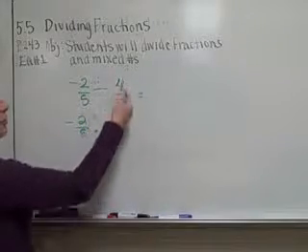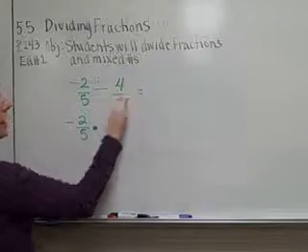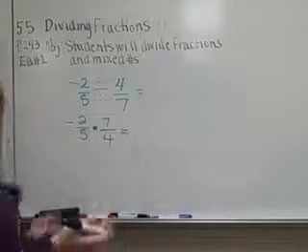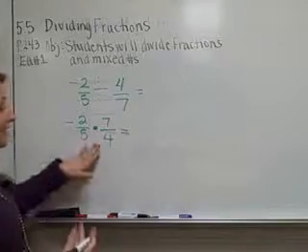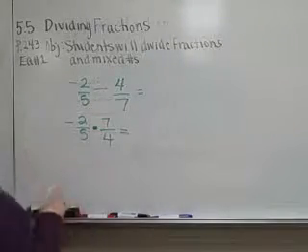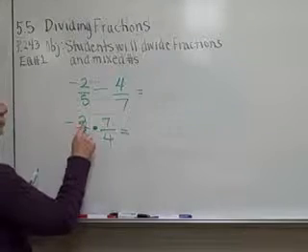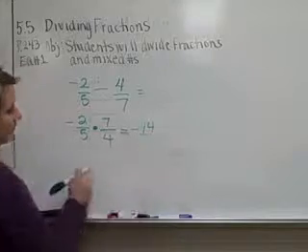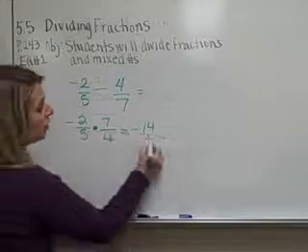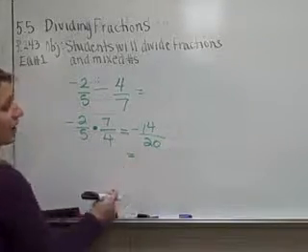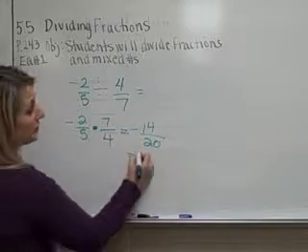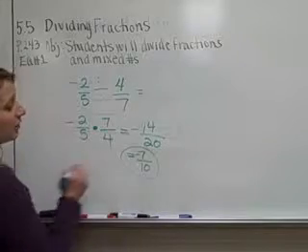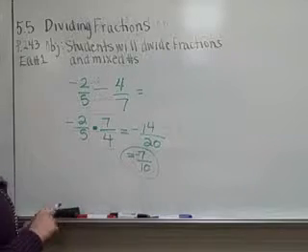Then use the reciprocal of the second number, 4/7. The reciprocal is 7/4. Our lesson yesterday was multiplying, so now we just do exactly what we did yesterday. -2 times 7 gives me -14. 5 times 4 is 20. Then I simplify. 14 and 20 are both divisible by 2. That is -7/10, and that would be my final answer.